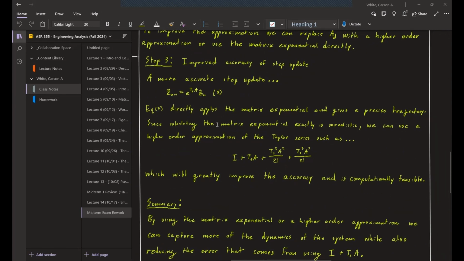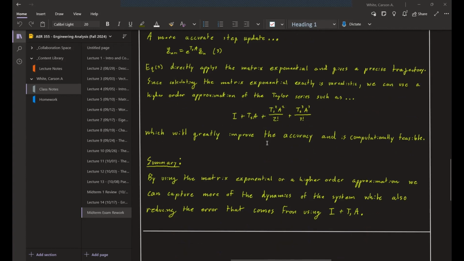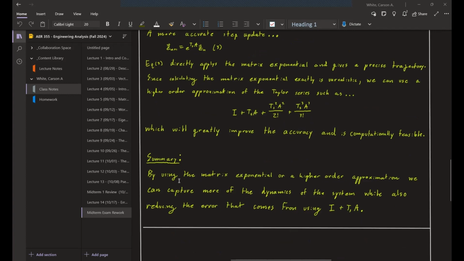This equation directly applies the matrix exponential and gives a precise trajectory. Since calculating the matrix exponential exactly is quite unrealistic, we can use a higher order approximation of the Taylor series, such as I plus TSA plus TS squared A squared over 2 factorial plus TS cubed A cubed over 3 factorial, which will greatly improve the accuracy and is computationally feasible.